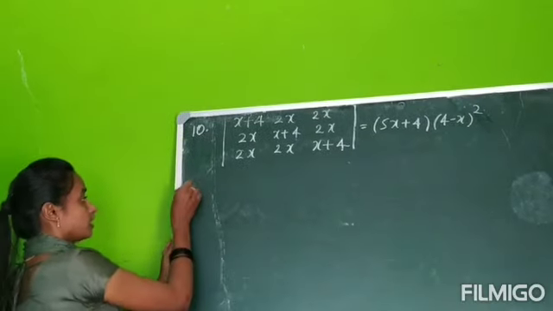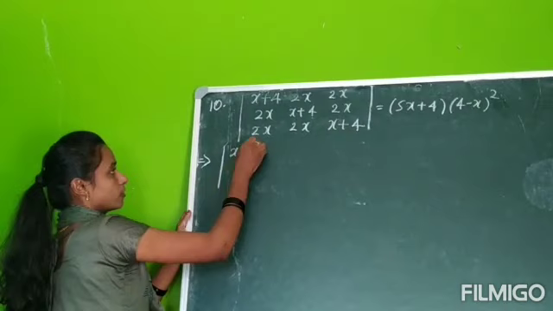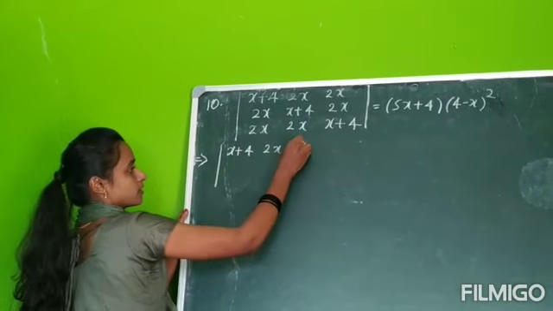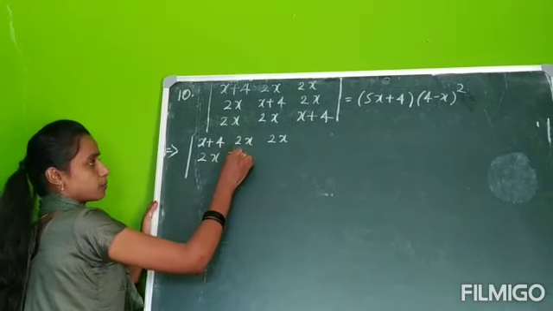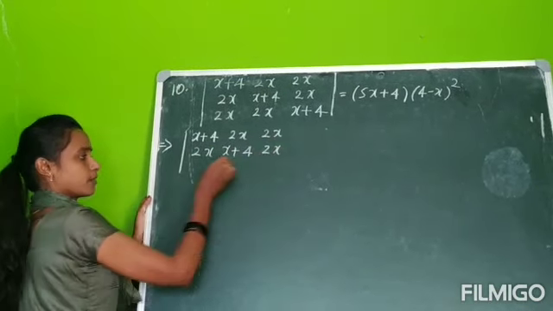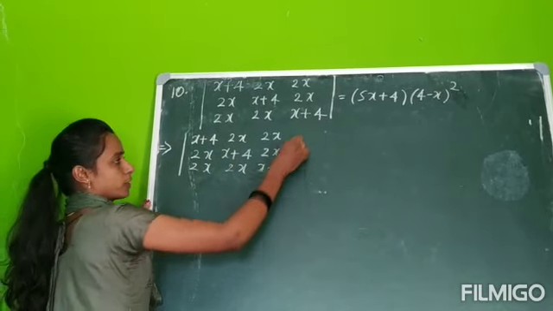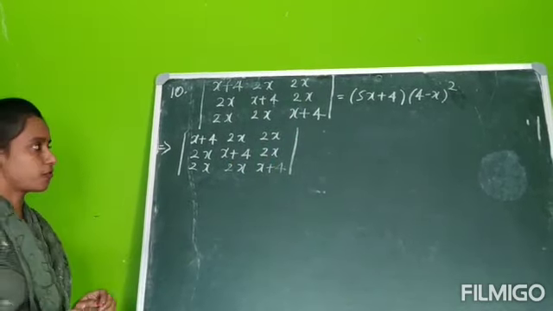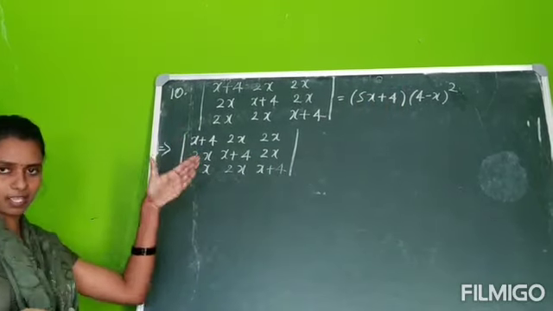Okay, I'll just consider the LHS. LHS is x plus 4, 2x, 2x; next 2x, x plus 4, 2x; 2x, 2x, x plus 4. Looking at the RHS, what we need to prove is 5x plus 4.